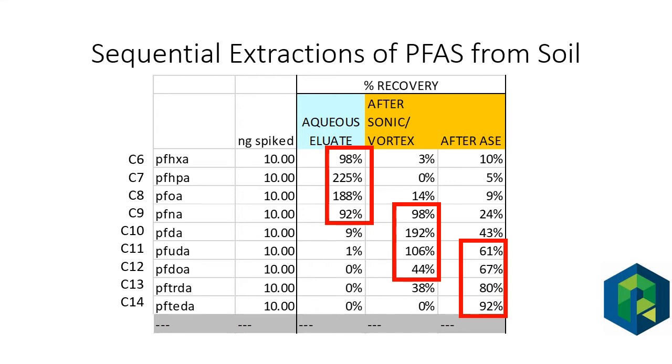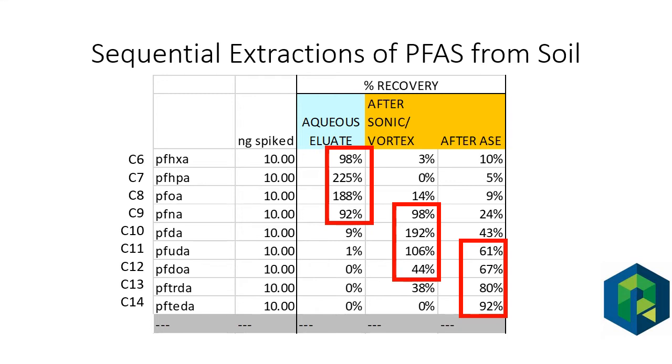So we're extracting some longer chain acids using sonication that did not elute with the initial water elution. But as you can notice, C12 to C14 have unsatisfactory recoveries.